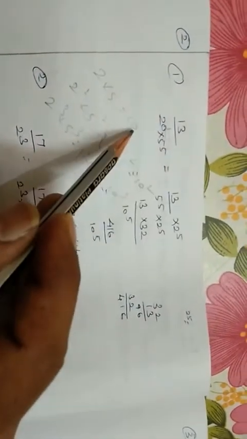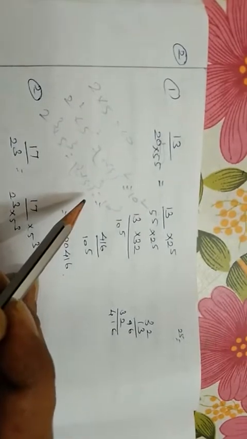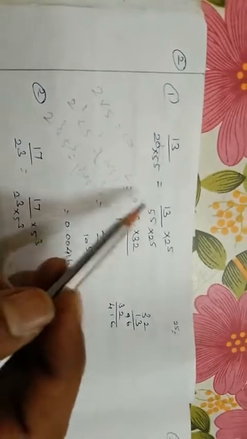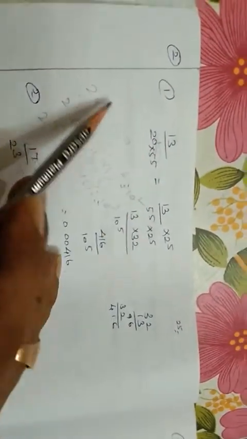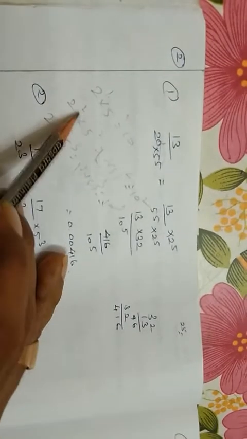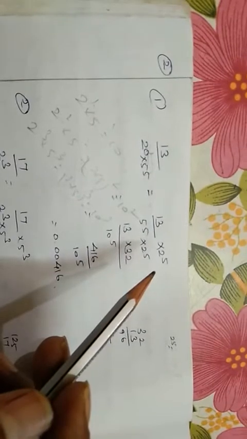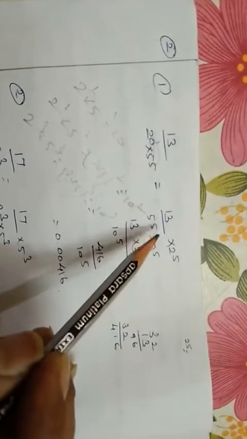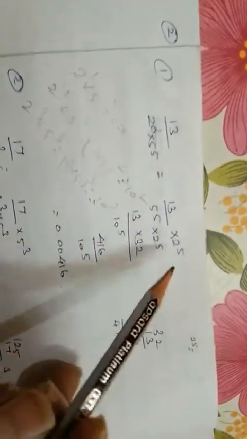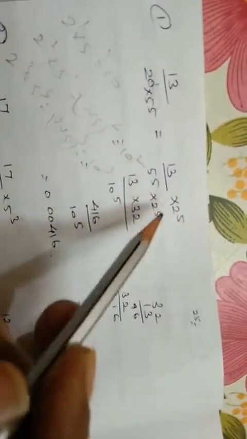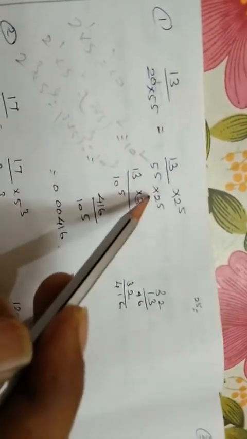Now if the denominator is 10 squared or 10 power 3, we can write our decimal easily. That's why we need to write the same power. For that, check which one is the lowest power and which one is the biggest power, then multiply to form the biggest power, that is 5 power 5 into 2 power 5.